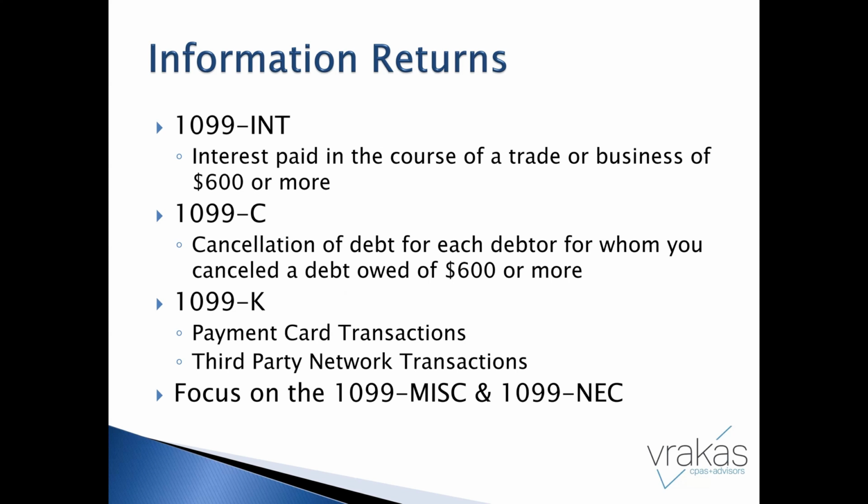The 1099 interest is one that you typically don't prepare unless there's a loan and you've paid interest to a shareholder or a partner. 1099-Ks, you will receive if you do any transactions, and everybody's doing them nowadays, through third-party network sites.